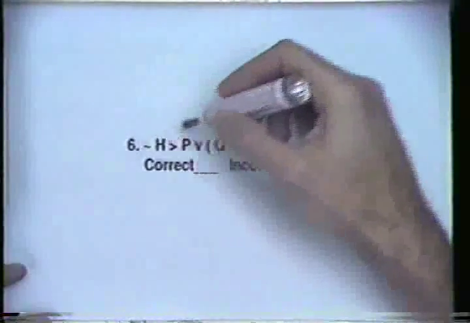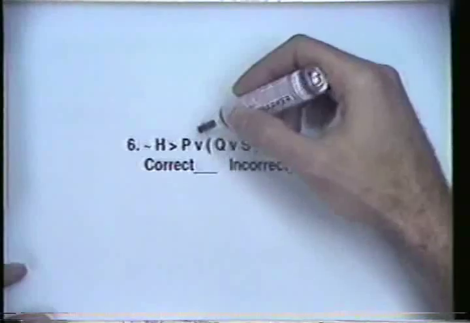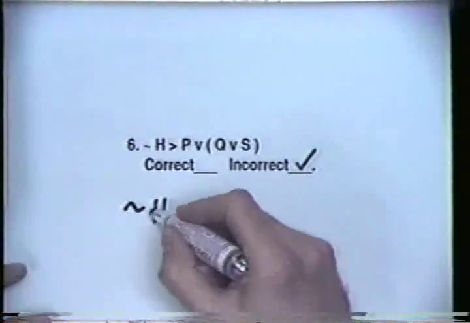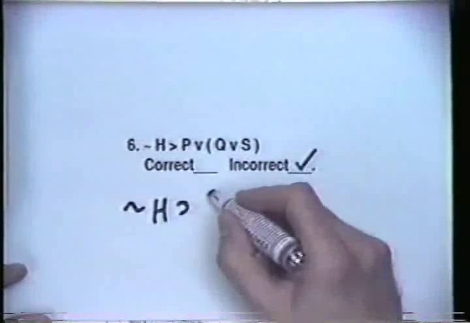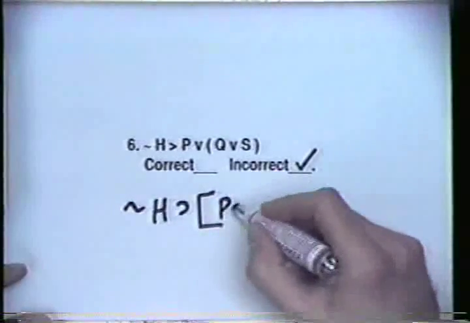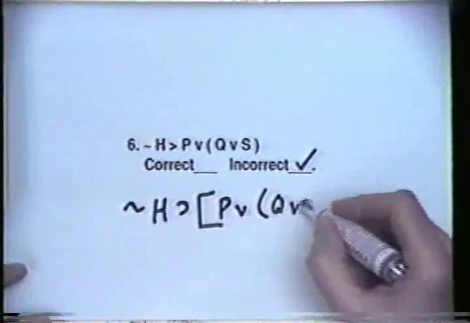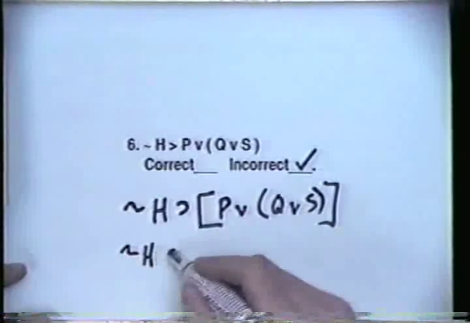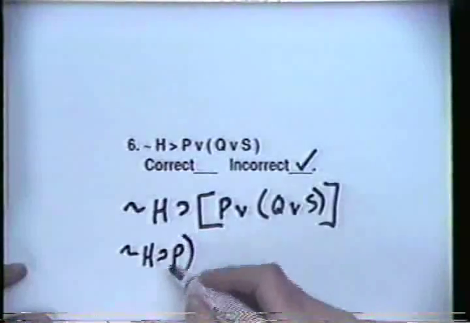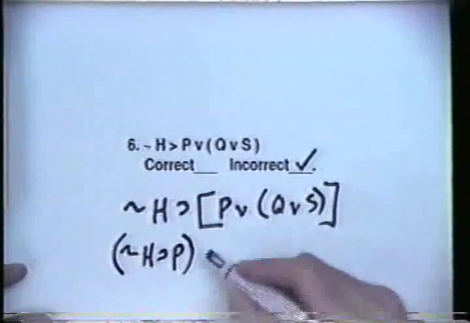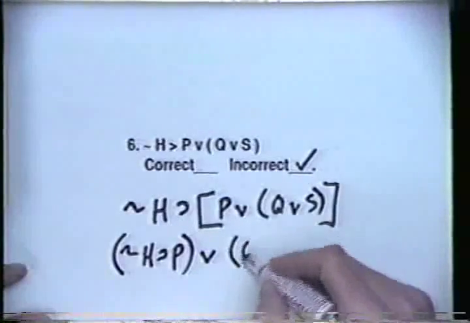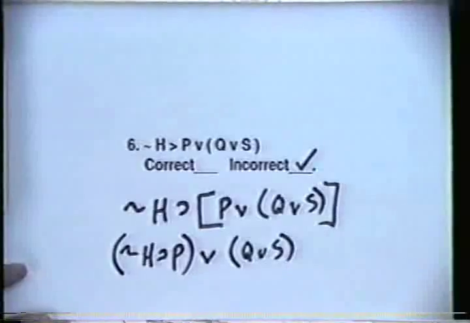Notice, because we don't have a set of parentheses or brackets on the left-hand side, we could either have written this sentence correctly like this, not H, hook the entire unit, P or Q or S, or alternatively, we could have brought the not H and the P together with a set of parentheses, and then disjoined that to the rest of the sentence, Q or S.